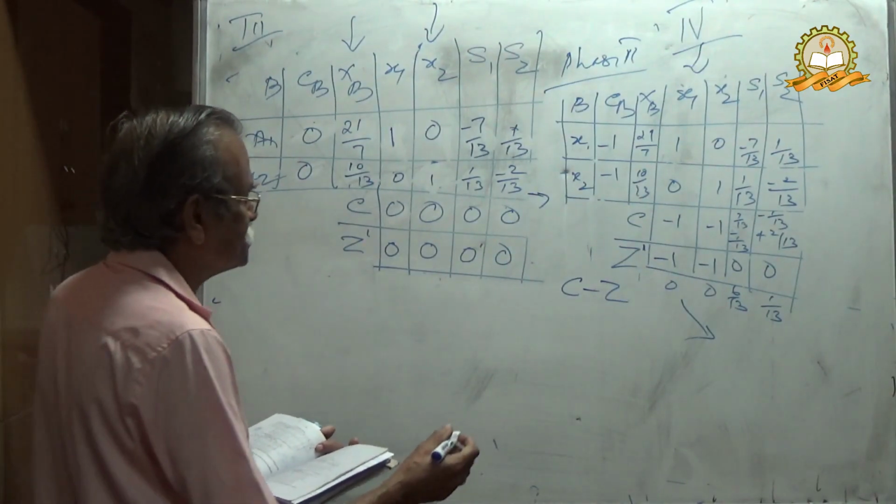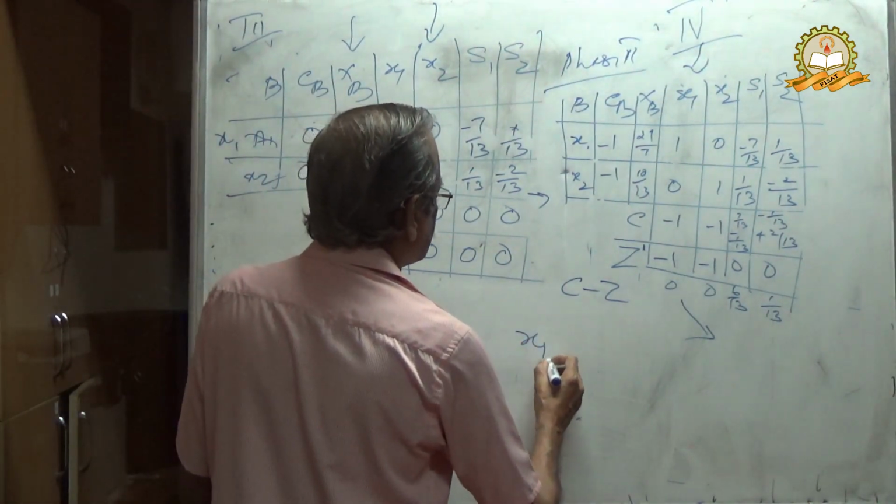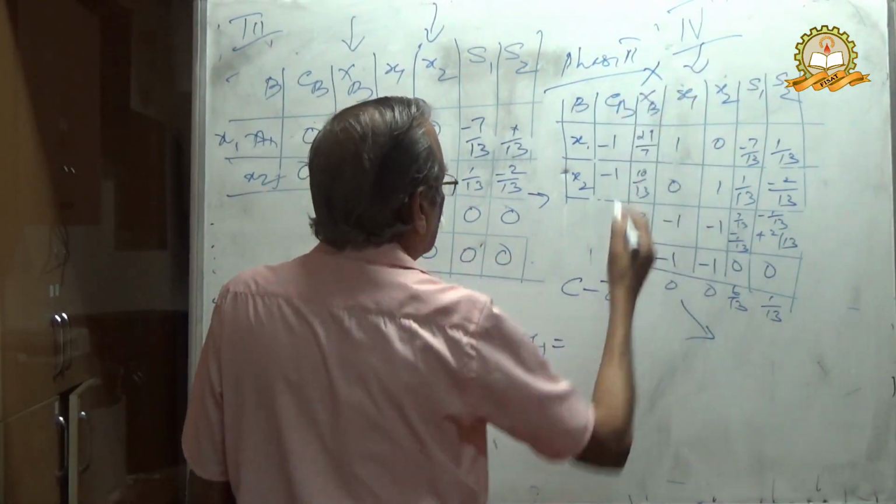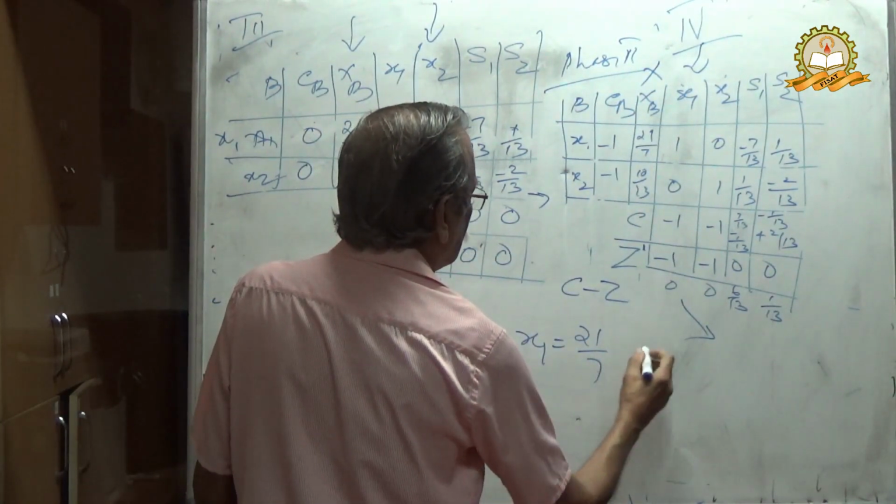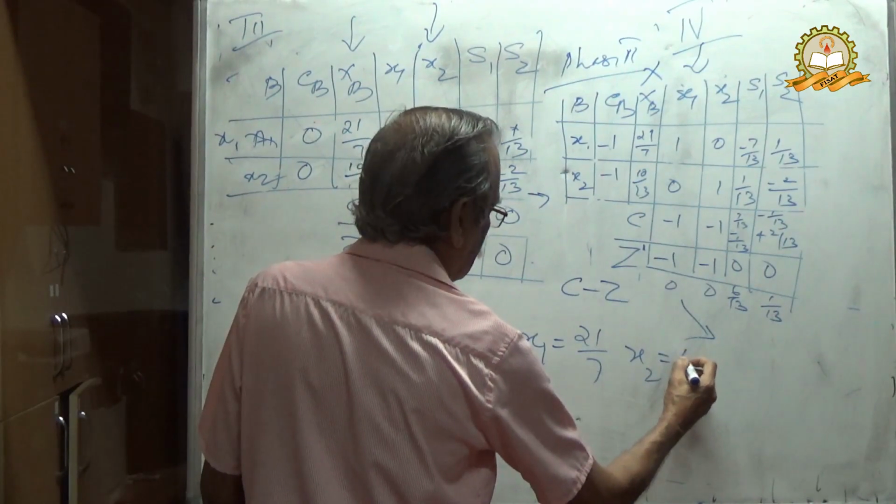With the results x1 equal to 21 by 7, x2 equal to 10 by 13.